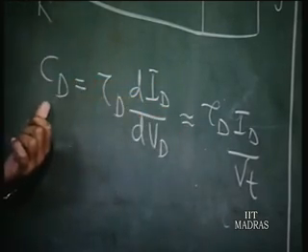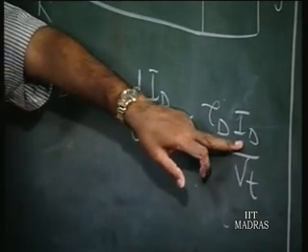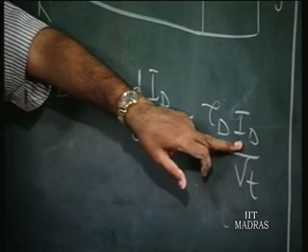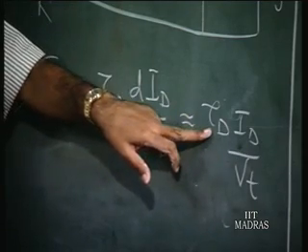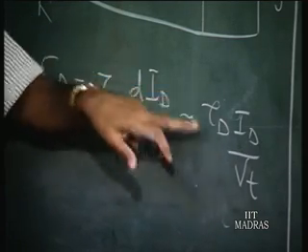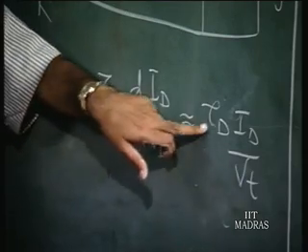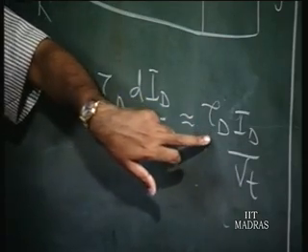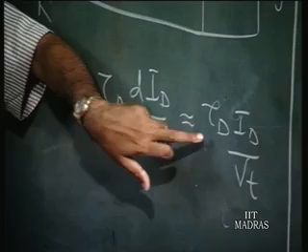This diffusion capacitance is proportional to the diode current, and the proportionality factor is tau d by Vt. This is the diode transit time.